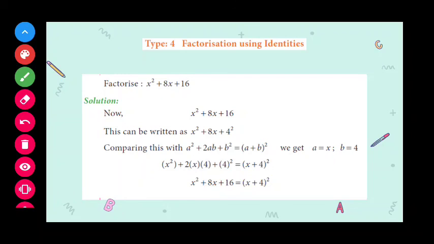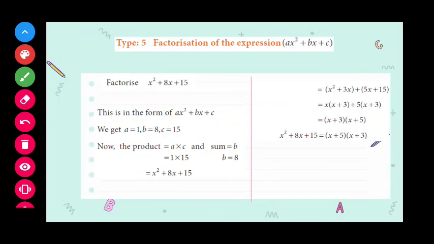Whenever the last number comes as a perfect square or a perfect cube number, we know that we have to use either a square identity or a cube identity in that place. And the next is factorization of the expression ax square plus bx plus c.